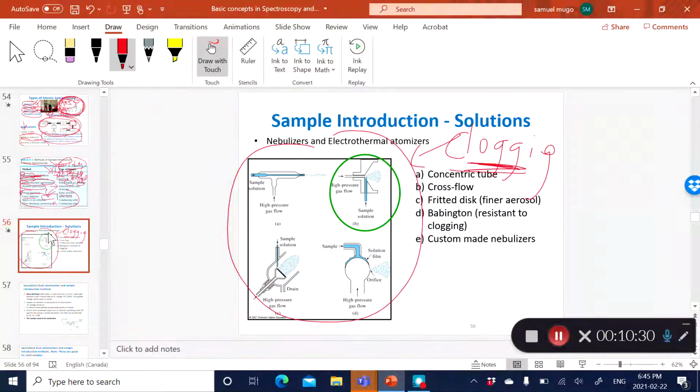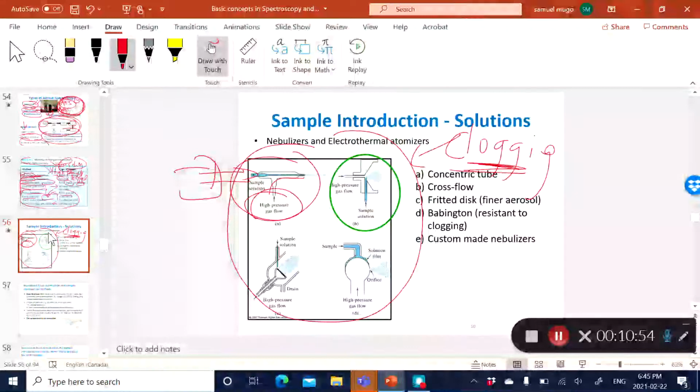So one type of pneumatic nebulizer is the high pressure gas flow, where you've got a pump pushing the solution through a tube, and then you've got gas moving around that tube. Because of that, you get nebulization, or the spray of that solution into a mist.